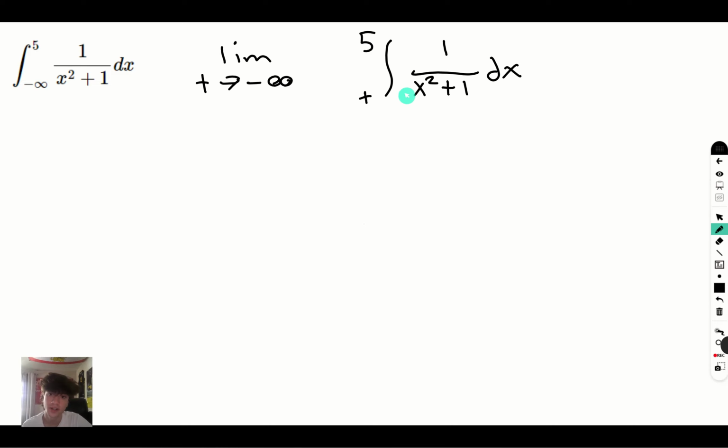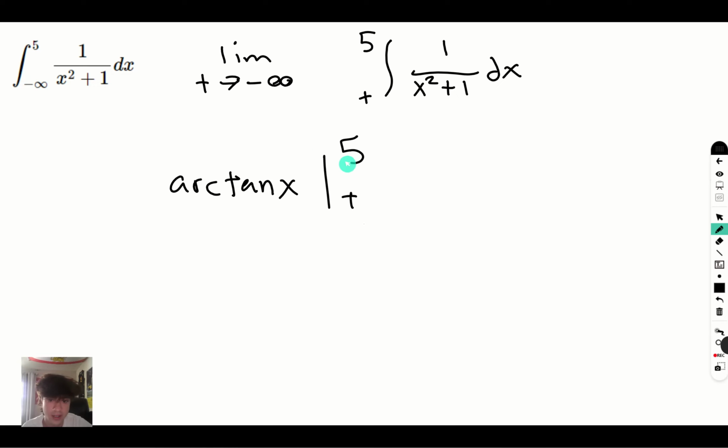And this equation right here is the arctan equation, so we can just evaluate that integral really easy. We just know that that's the formula for arctan. So we have arctan x evaluated from t to 5.